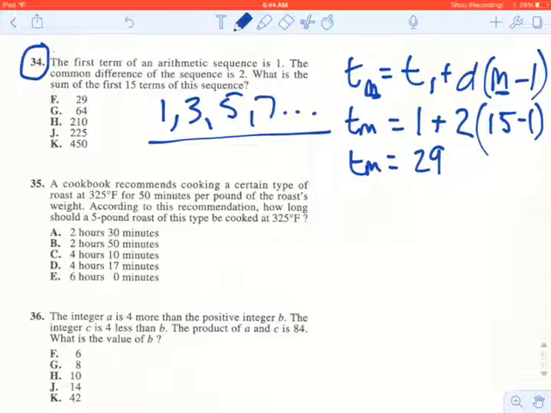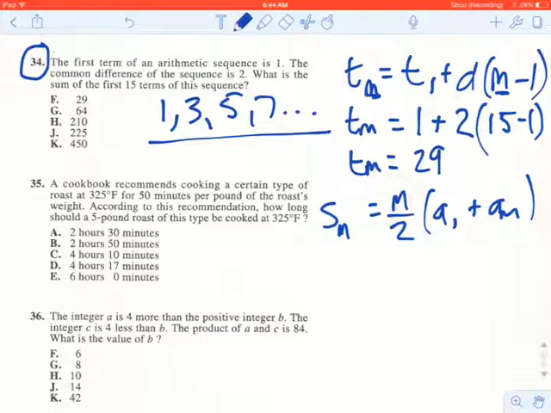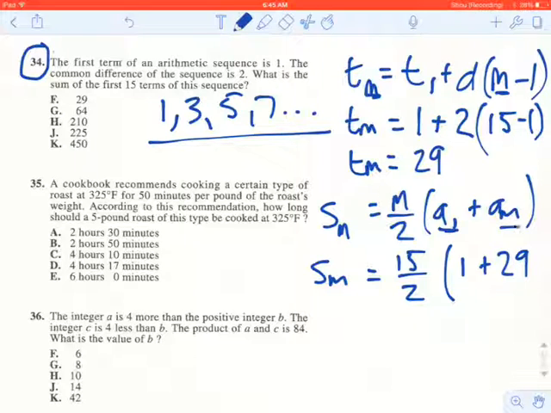Great, so now we know our last term, and we can plug it into our sum formula. Sum of m equals m over 2 times a sub 1 plus a sub m. So our sum of 15 terms will equal 15 over 2 times 1 plus 29, our first term and the final term in our sum.